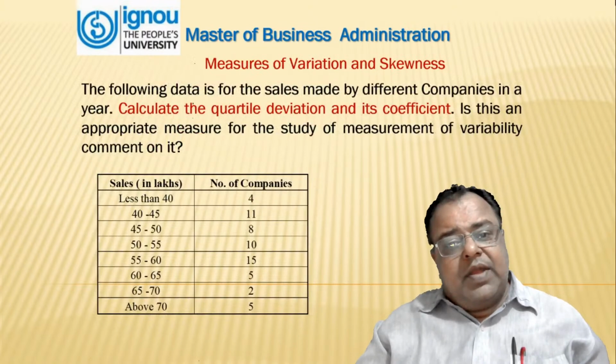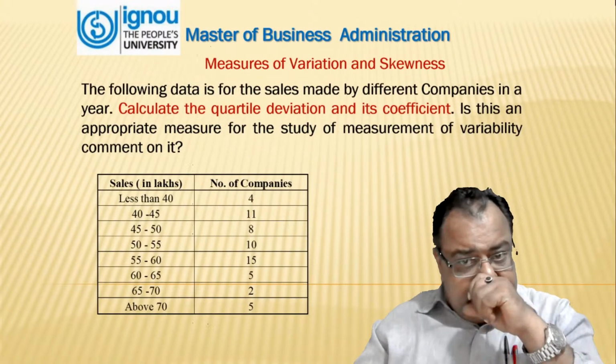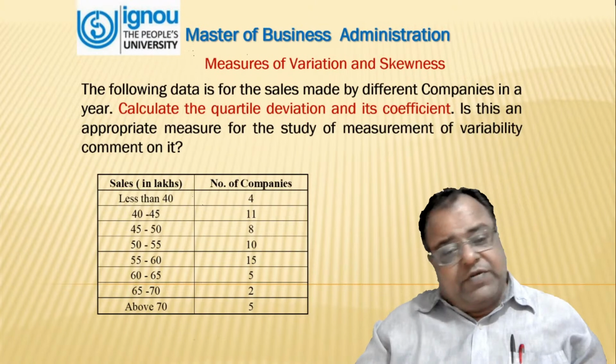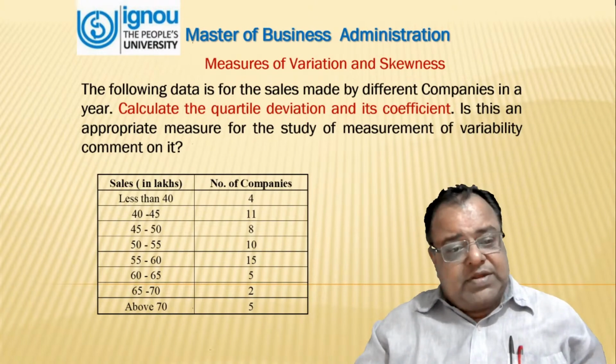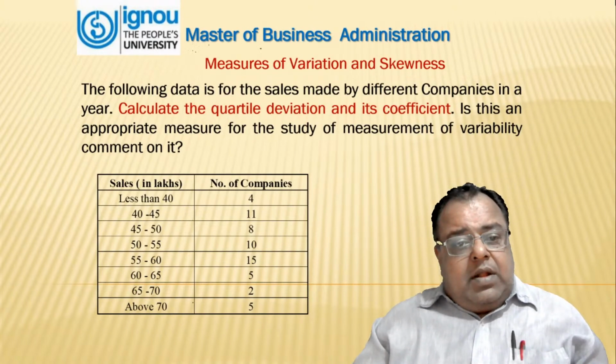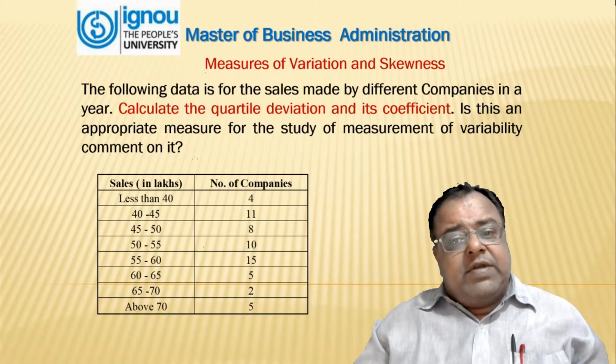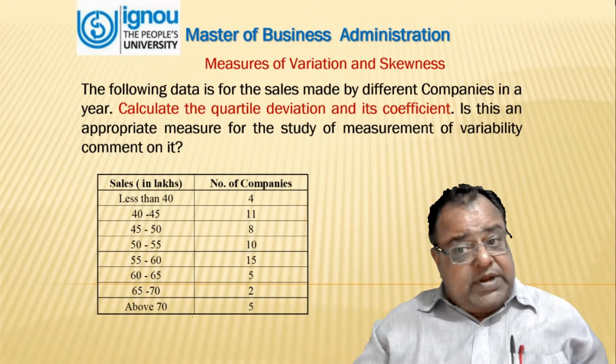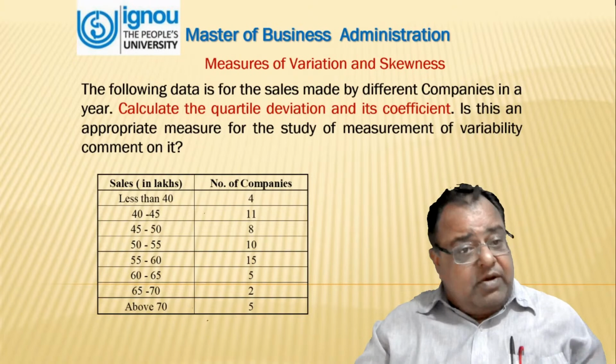Now, how to calculate quartile deviation and its coefficient. The data is given to us. You have to calculate the quartile deviation and its coefficient. Is this an appropriate measure for the study of variability? Comment on it.